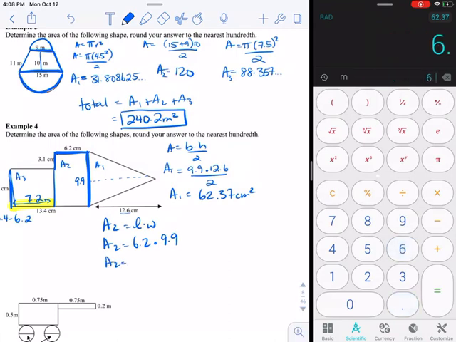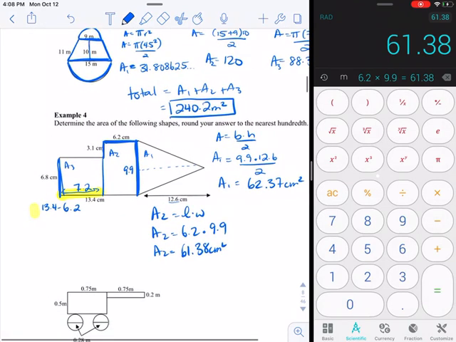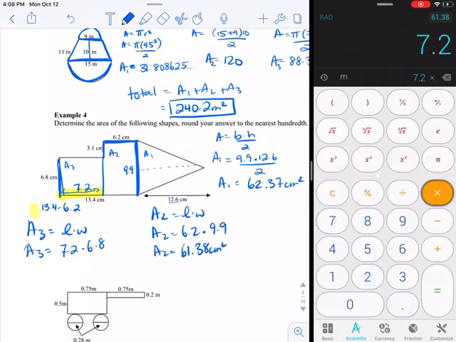So 6.2 times 9.9, we get 61.38. And lastly, area 3 is length times width. So we get 7.2 times 6.8. Should get 48.96.